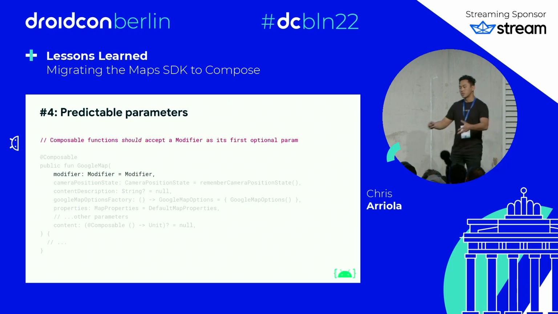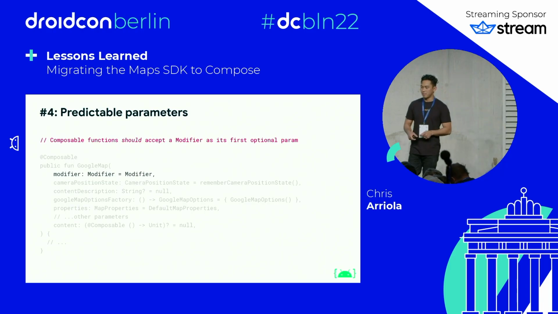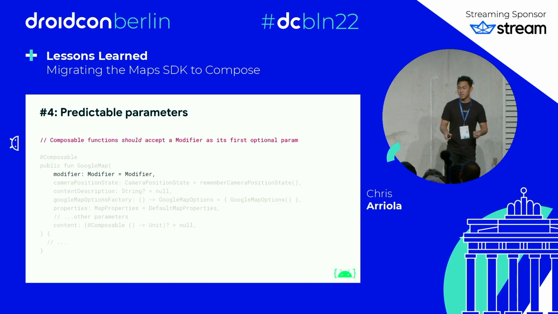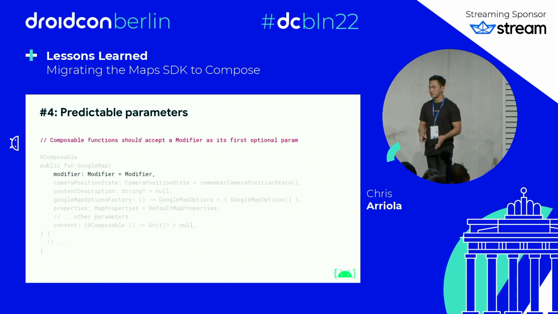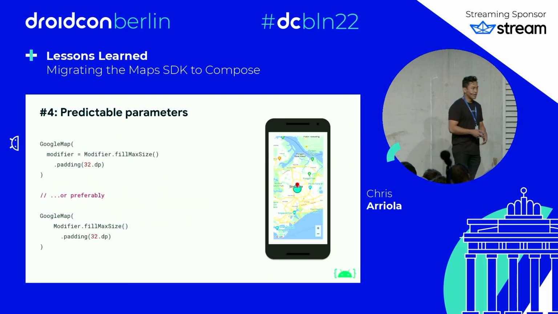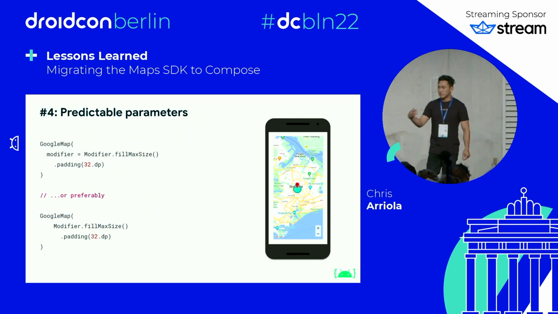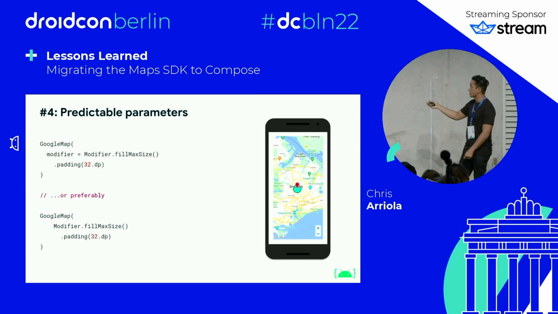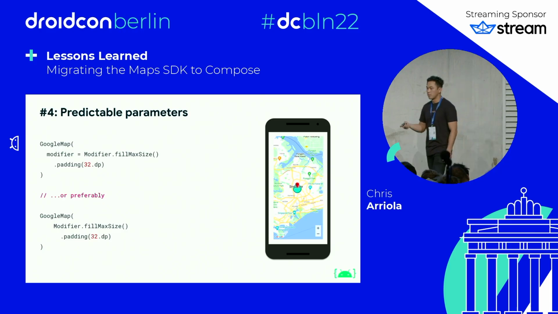We can also be consistent by providing predictable parameters. Composable functions should accept a modifier as their first optional parameter. The advantage of that is that you can take advantage of the rich set of modifier APIs to decorate and augment your composable function. And if it's the first optional argument, you can also provide it as an argument without naming the modifier argument.